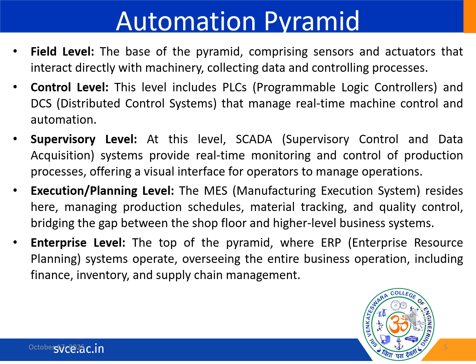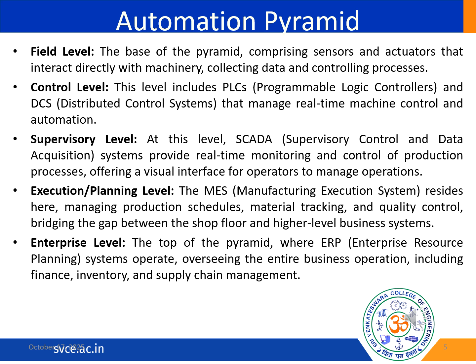Moving on to the second level, the control level, here we will be using PLCs, called programmable logic controllers, and DCS, distributed control systems, that manage real-time machine control and automation. In the supervisory level, SCADA represents real-time monitoring, and it controls the production processes.